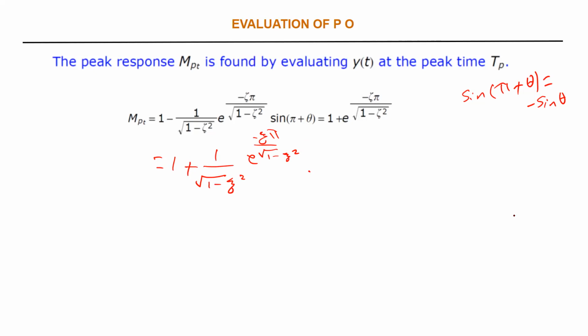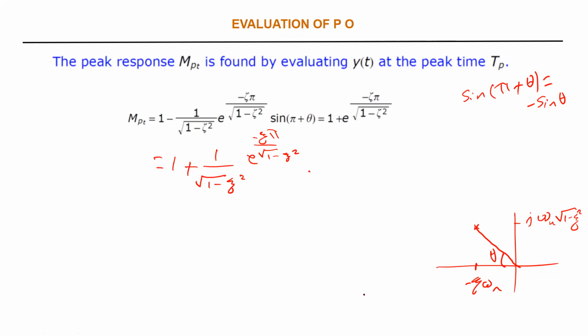But let's go back. Remember theta, what I told you we needed? This is my pole, which has j omega n root of 1 minus zeta square, and this is minus zeta omega n. And we said this is theta.